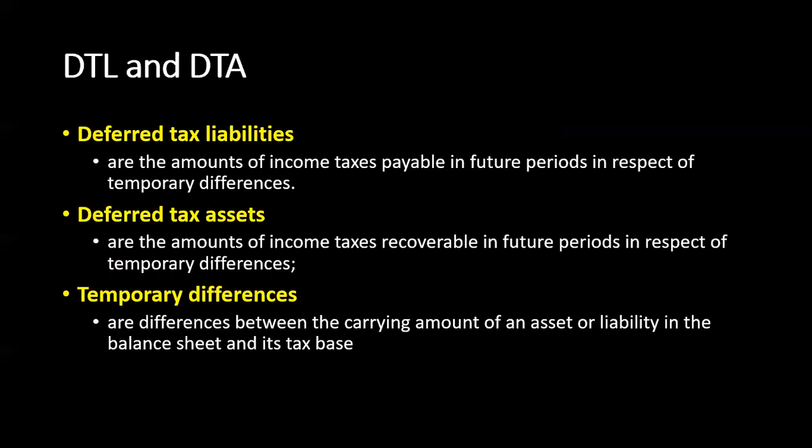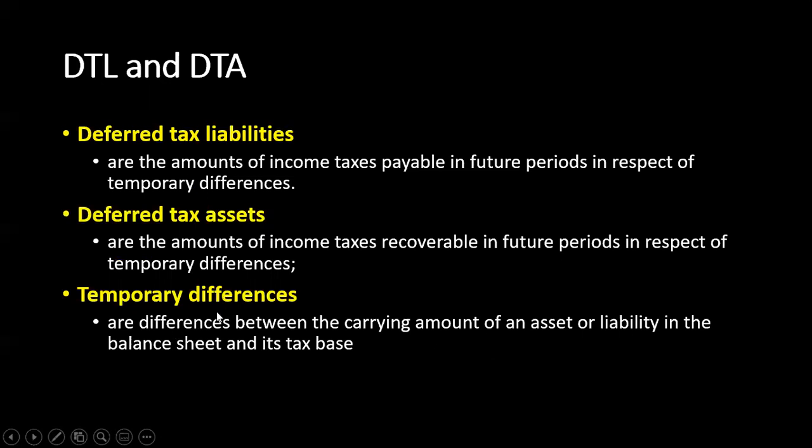Now you may ask, what are these temporary differences? The temporary differences are the causes for the difference between accounting profit and the tax profit, which arises due to the difference in the carrying amount of assets and liabilities, due to the different methods of measurement of the assets and liabilities.